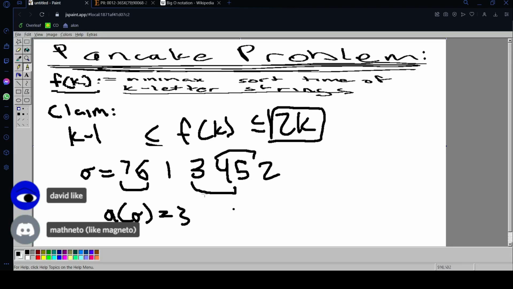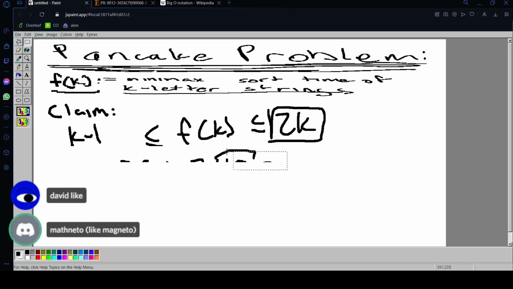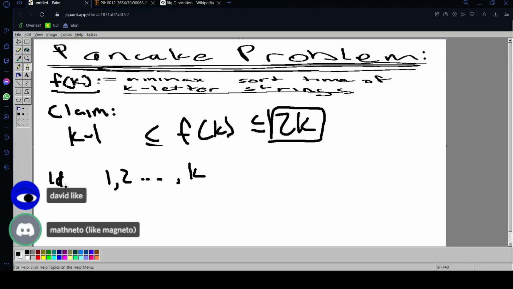Okay, and so the end goal is to reach this sorted permutation. We want to reach the permutation which is 1 through k. We call this the identity on k because you can think of strings also as functions.